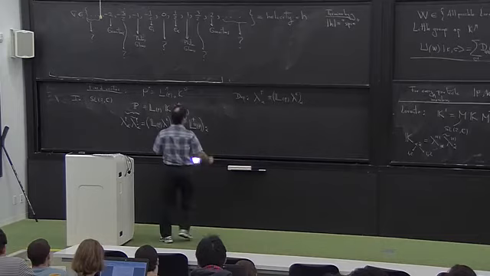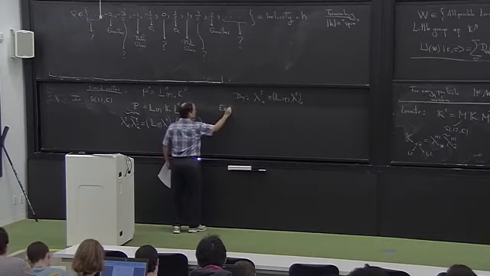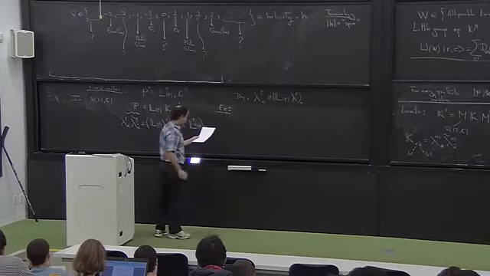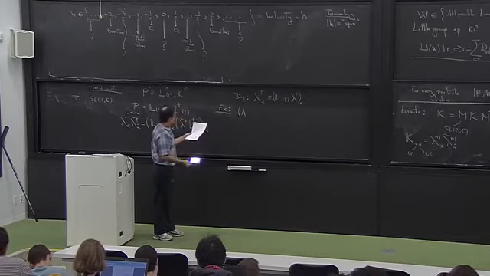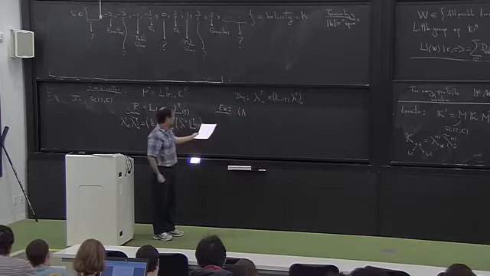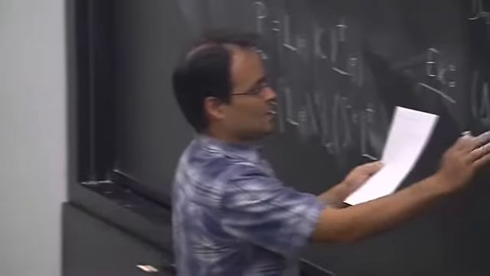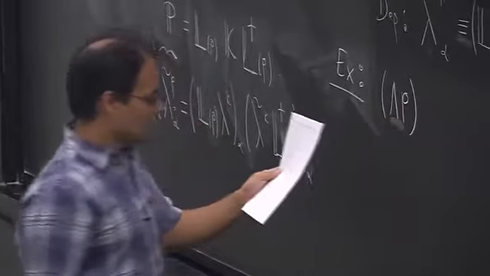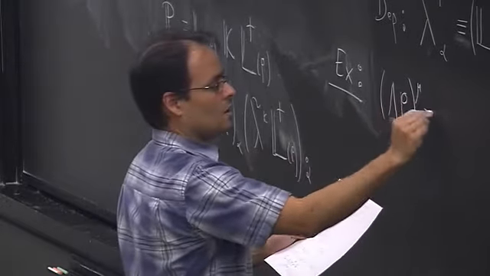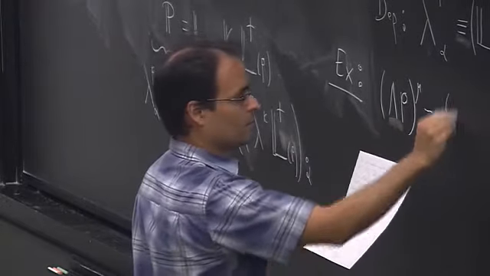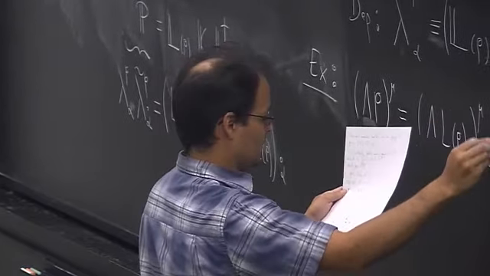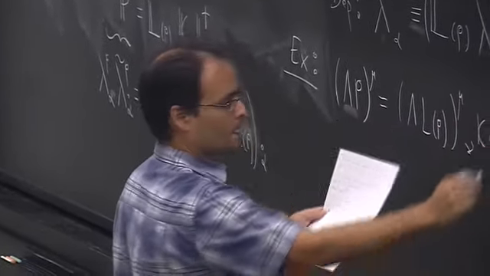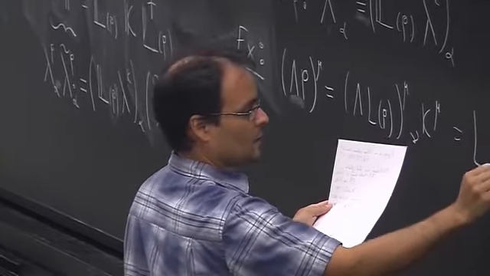Okay? So here is an exercise. That's why I'm copying it, because I want to get all the factors right, because I want you to have a chance to actually work out through the exercise. So if you apply a Lorentz transformation on P, it's equivalent to this, which is the same as this.